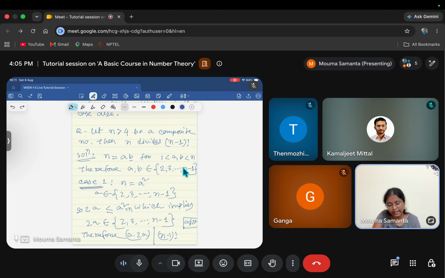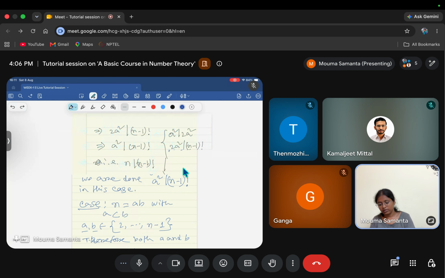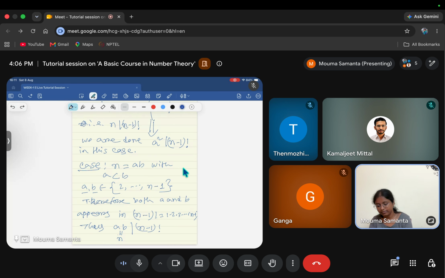Therefore A times 2A, two distinct elements appearing in the set 2 up to n minus 1, hence 2A square will divide (n minus 1) factorial. Now since 2A square divides (n minus 1) factorial, and A square divides 2A square, we can conclude A square has to divide (n minus 1) factorial. So in these two cases we can prove this question.